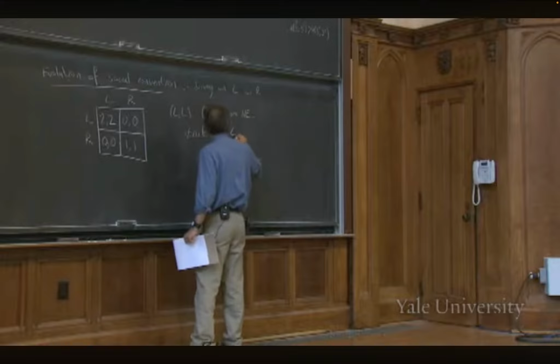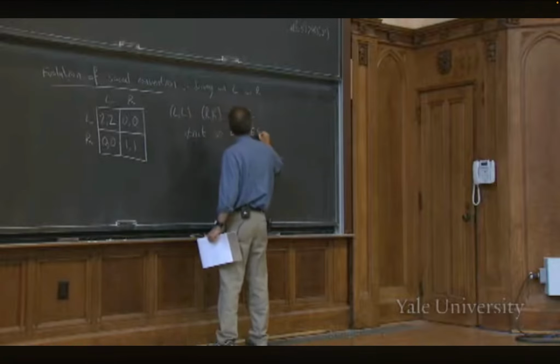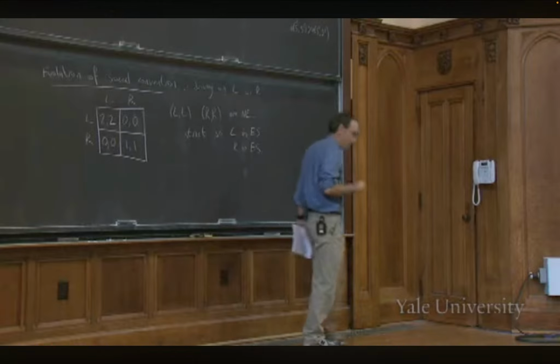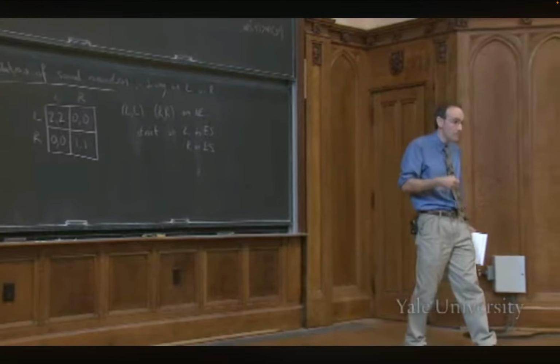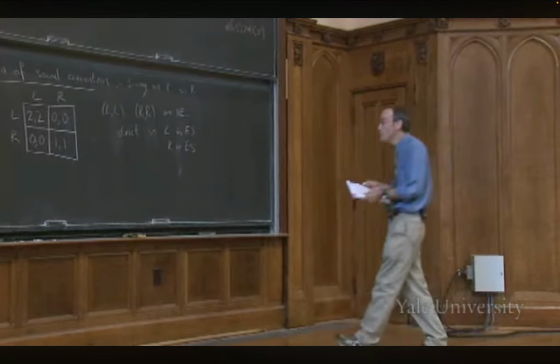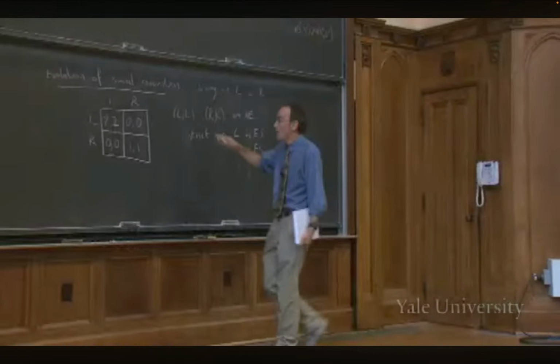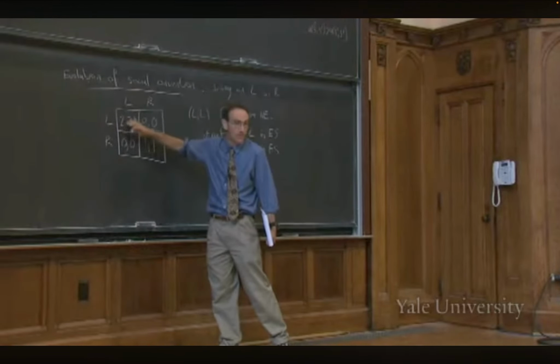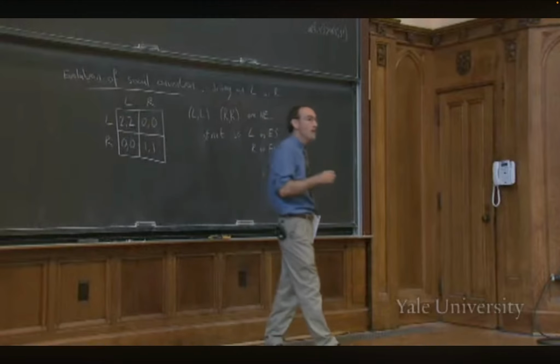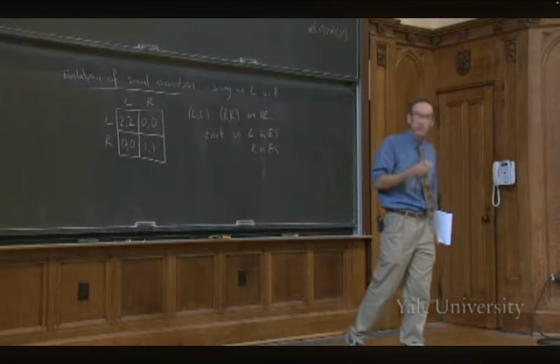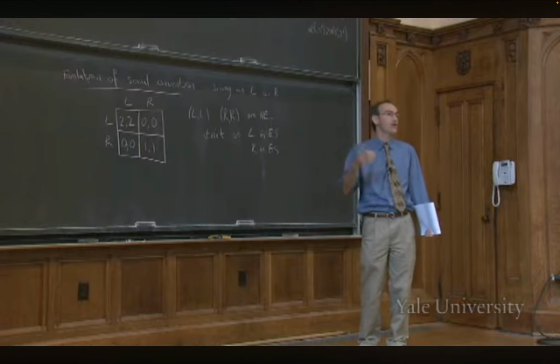So indeed, left is evolutionarily stable and right is evolutionarily stable. Let's just talk through the intuition for that and make it clear. Suppose you're in a society in which everybody drives on the left. So this is England. And suppose a mutation occurs, and you could think of the mutation as an American tourist.